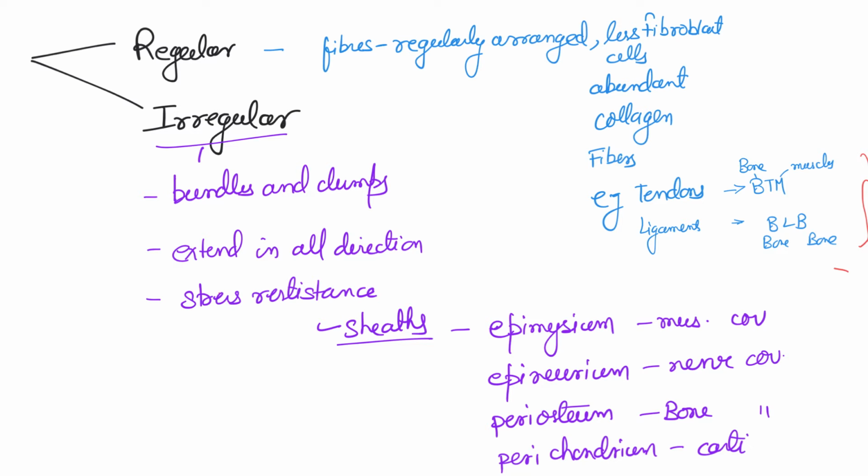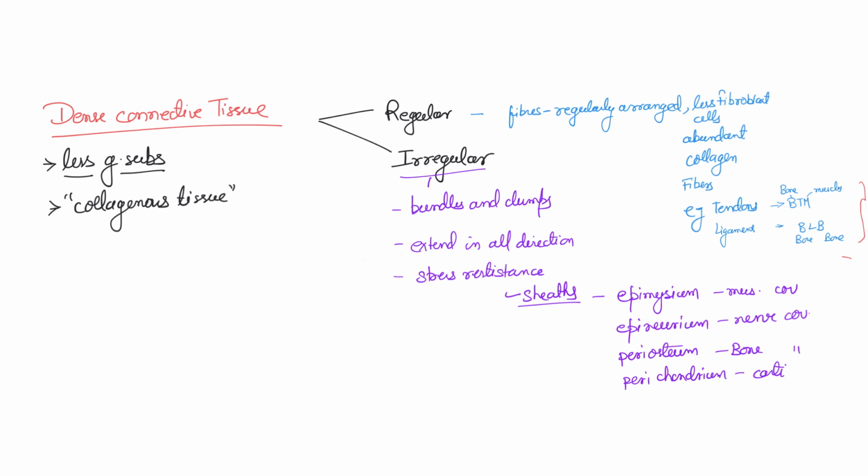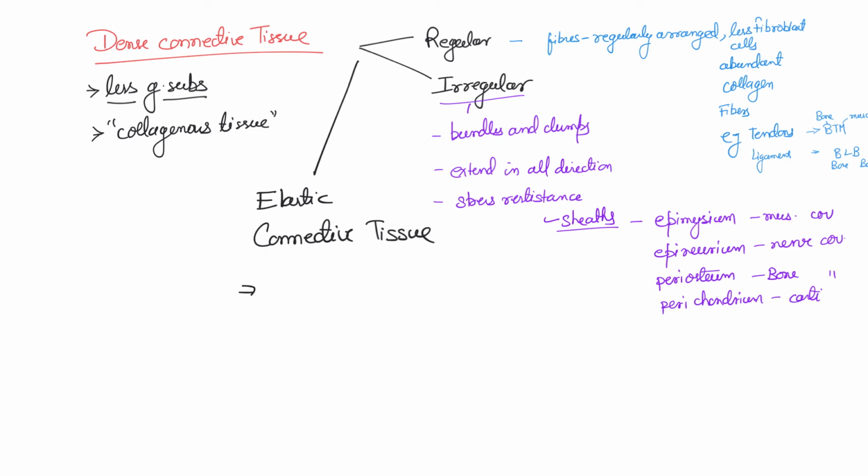Now, last in the family of dense connective tissue is the elastic connective tissue, right? These are the two major kinds, but yes, there is a third kind here that we left out initially, that is elastic. This tissue is characterized by numerous extensively branched fibroblasts with a lot of elastic fibers.